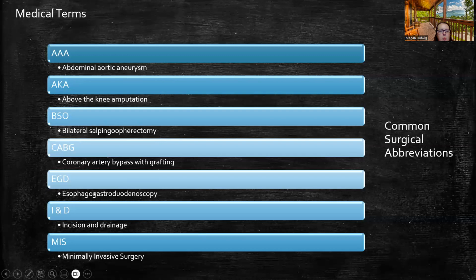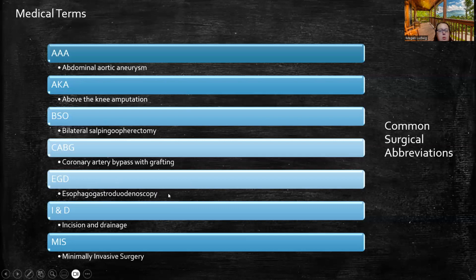EGD, here's another long, crazy term that you probably would have just ignored previously, right? Oscopy is going to be to view, or you're viewing something. What are we viewing? Go back to the beginning. Esophago, I'd break this first one down. That's the esophagus. And gastro is the stomach. And duodenum is the duodenum, or the first part of the small intestine.